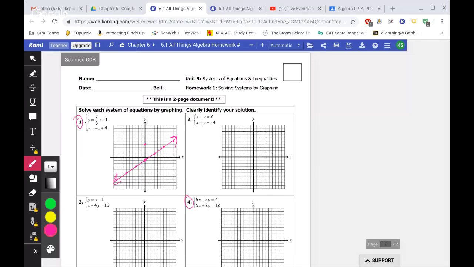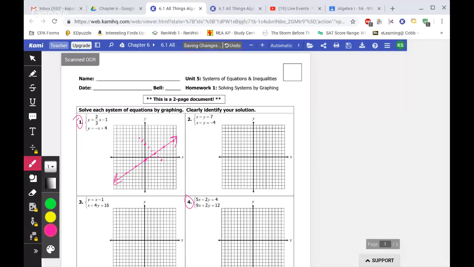And once again, I just want to remind you, you want to travel toward the line. So even though I'm going to go up 1 and left 1, just to give myself a little bit of a guideline to go that way, I really want to focus on traveling toward the line because the solution is where the two cross. So that's what I'm really looking for.